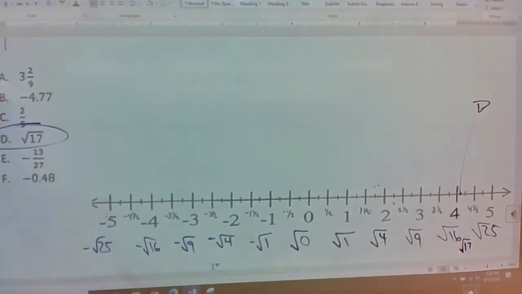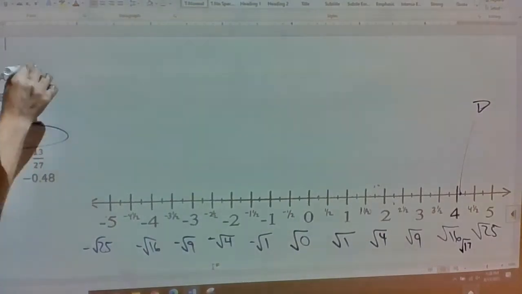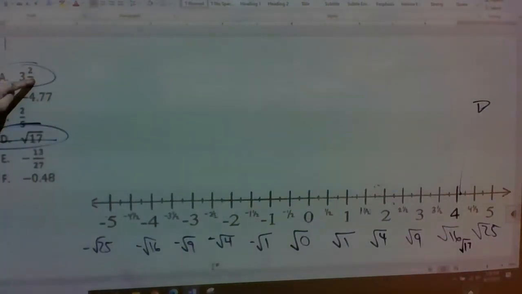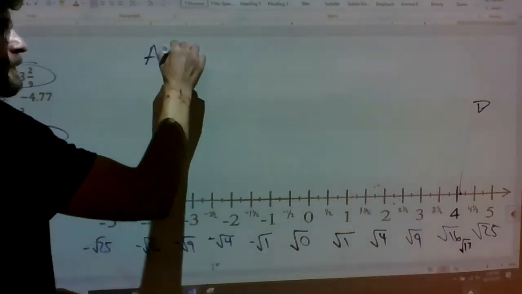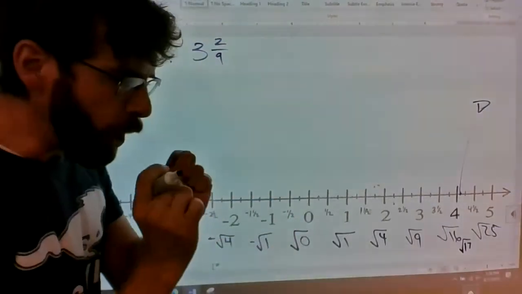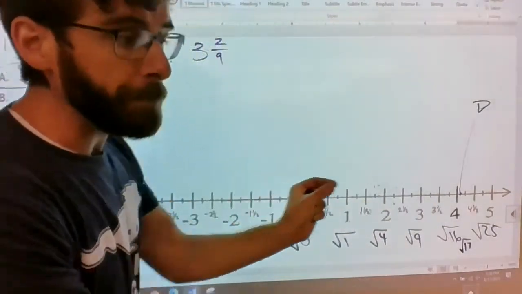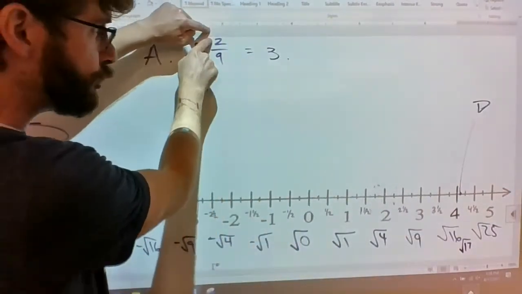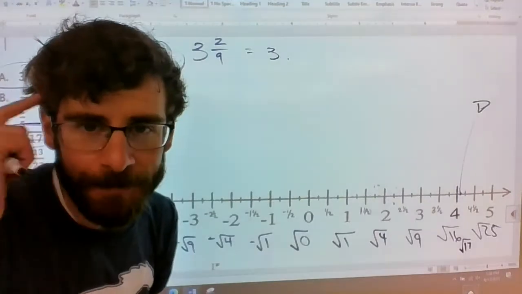All right, let's move backwards. Letter A. We've got a 9th. If you have something divided by 9, you know that it is that something repeating as a decimal. So this is 3.2 repeating. You've got to commit that to memory now.